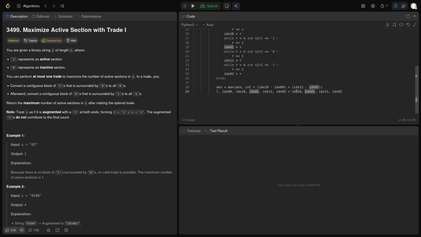So are you saying we don't override it, and then we do while, so we move the first pointer and then index 1 1 is R.